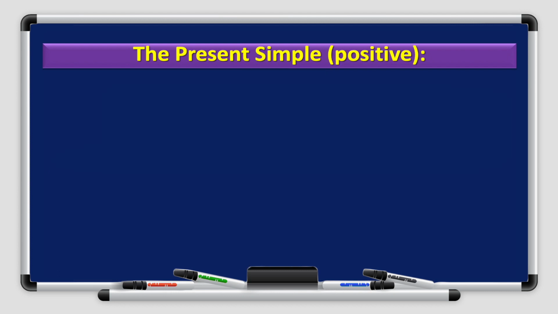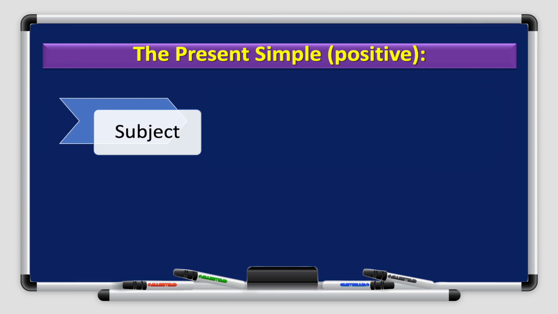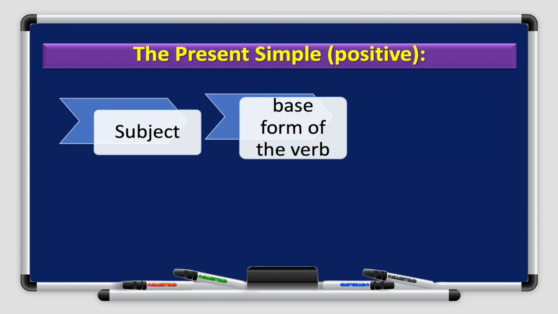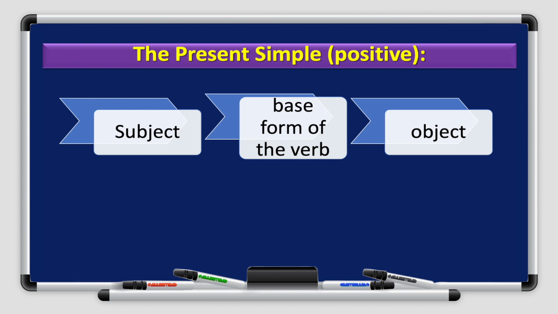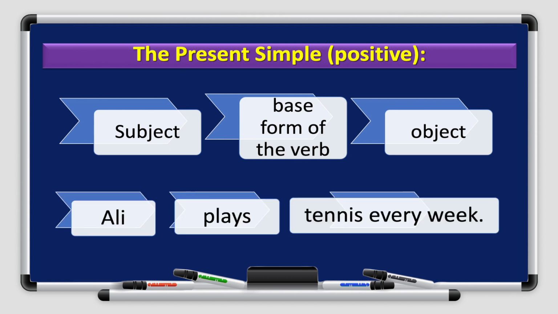Now, if we want to create a positive present simple sentence, this is how we write the sentence. You start with the subject, followed by the base form of the verb, followed by the object. So, Ali plays tennis every week. Can you see a keyword here in the sentence? Yes, we have the keyword every. So I know that this sentence is in the present simple.